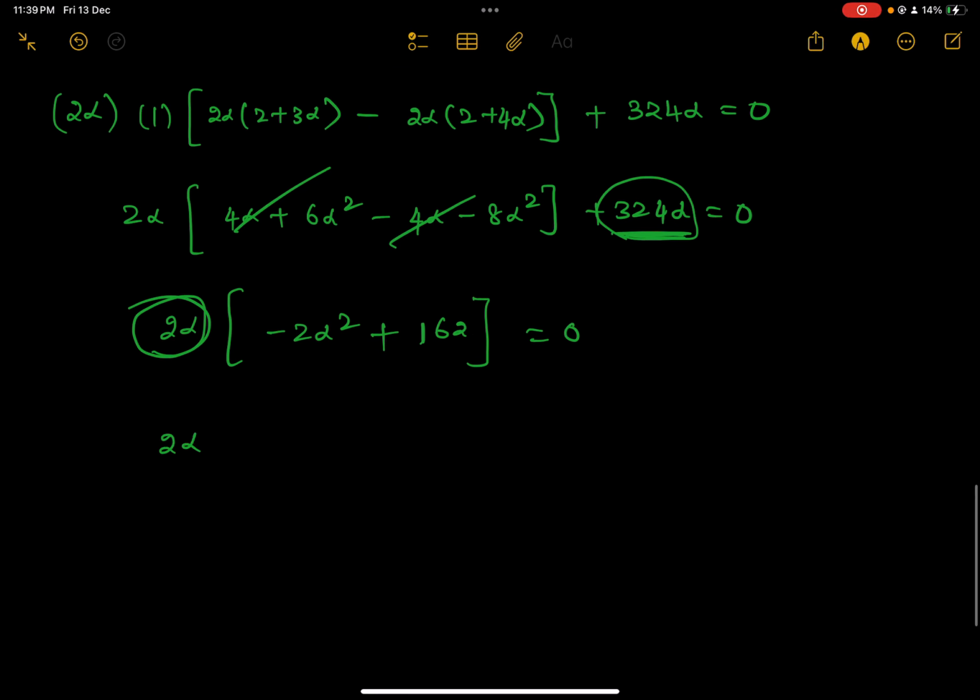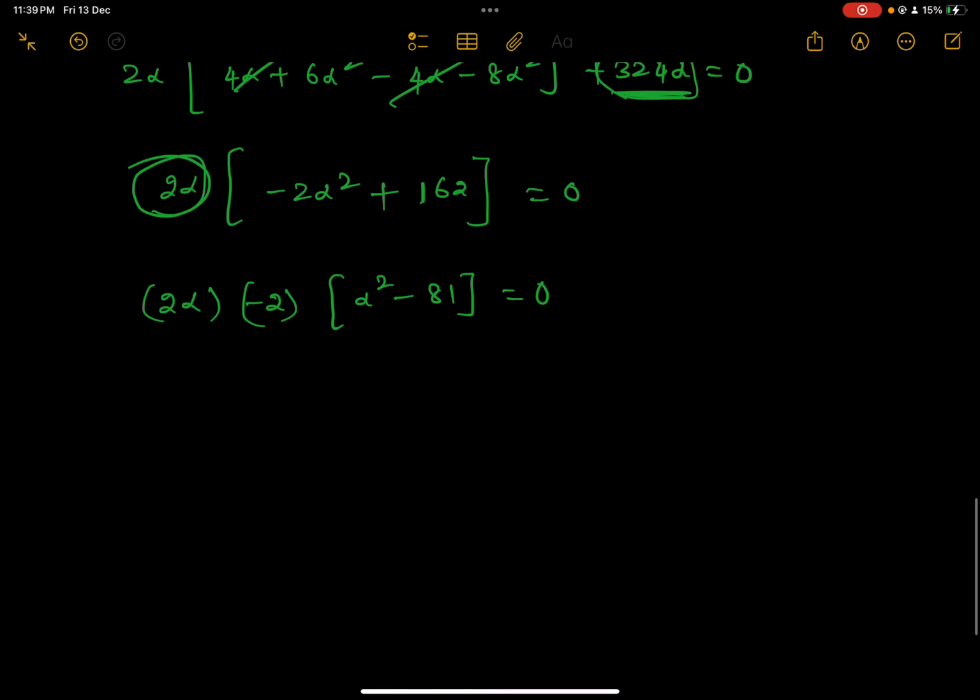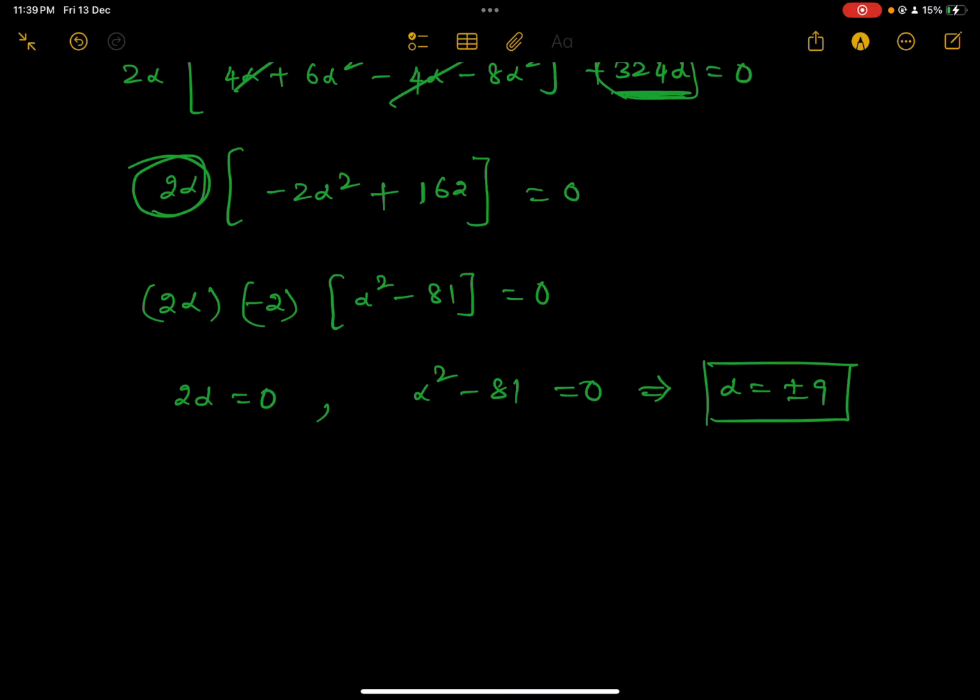So 2 alpha times one more 2 alpha, okay, this will be, let us bring out minus 2, this will be alpha square minus 81 is equal to 0. So either 2 alpha is equal to 0 or alpha square minus 81 is equal to 0, which implies that alpha is plus or minus 9.